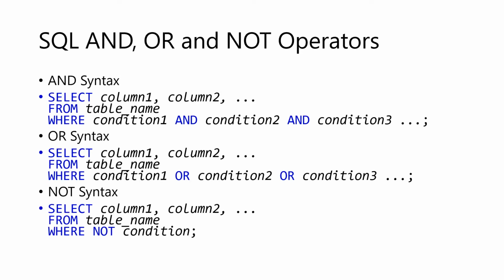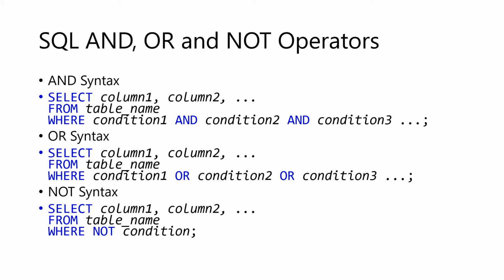The SQL WHERE condition can be used in combination with logical operators like AND, OR, and NOT. The OR operator returns a record satisfying either the left or the right side condition. We will look into it in detail in the next slides.